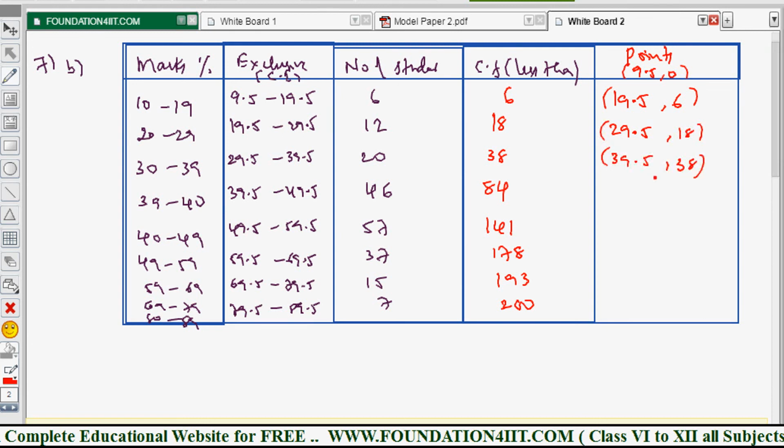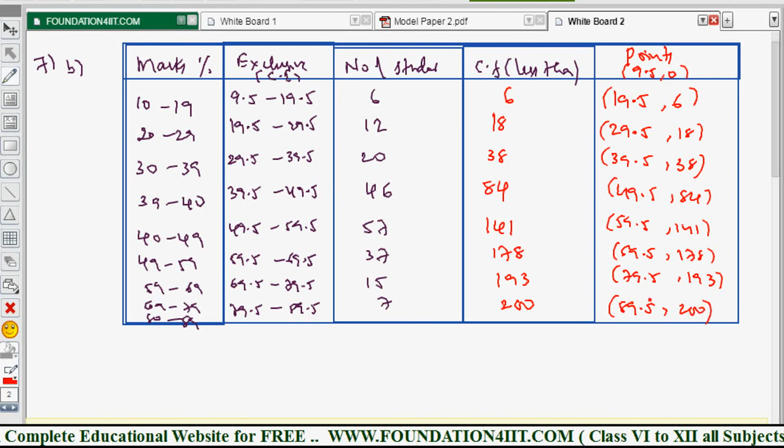So these are points we need to plot on the graph. And similarly 49.5 comma 84 and 59.5 comma 141, 69.5 comma 178. Just write all this. 79.5 comma 193 and 89.5 comma 200. These points we put on the graph.